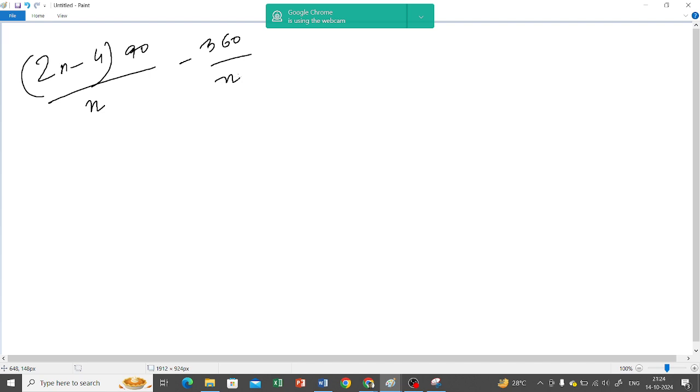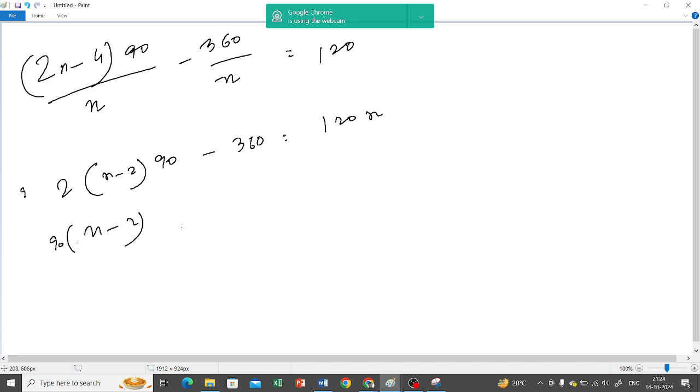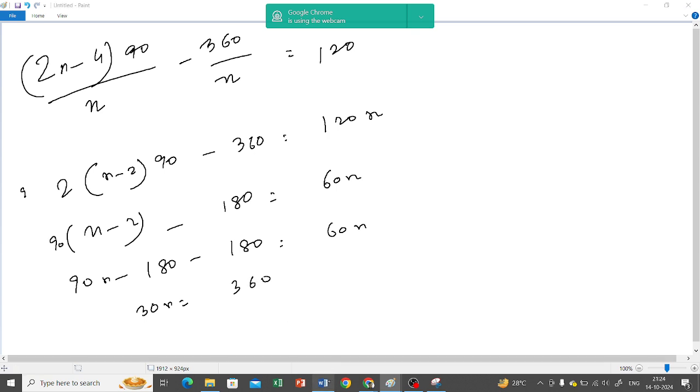Remember, because the summation of all the exterior angles is always 360 degree, so the value of one exterior angle is 360 by n, and that equals 120 degree. Just solve it. n comes out to be 12.